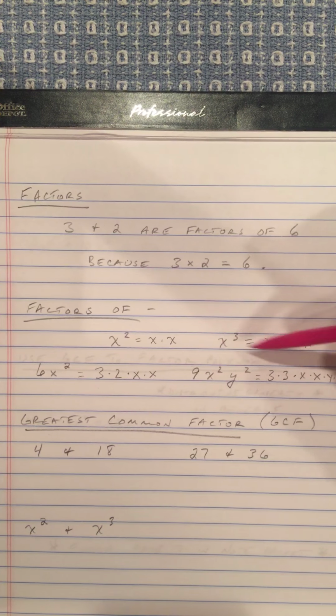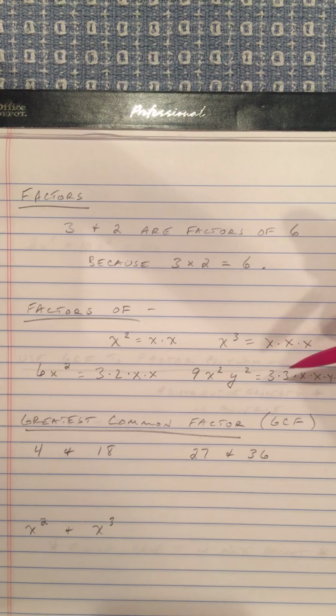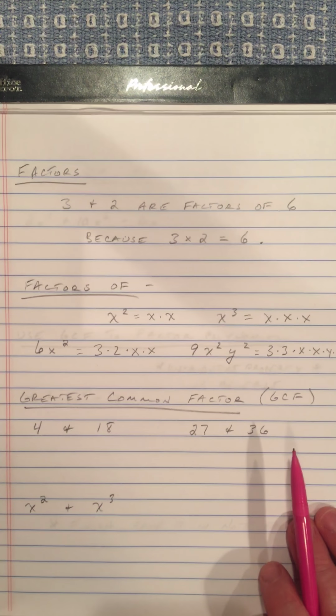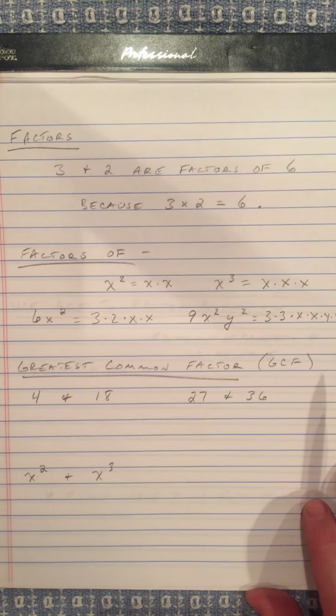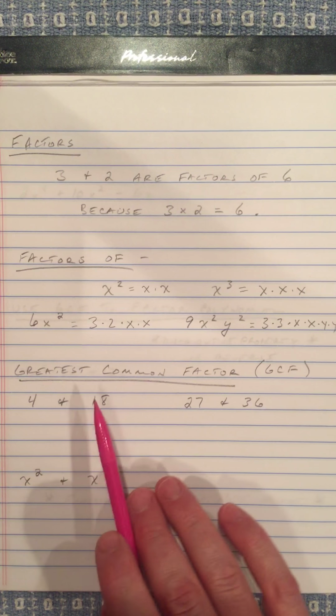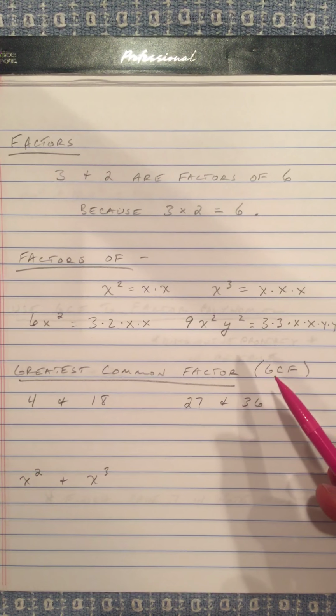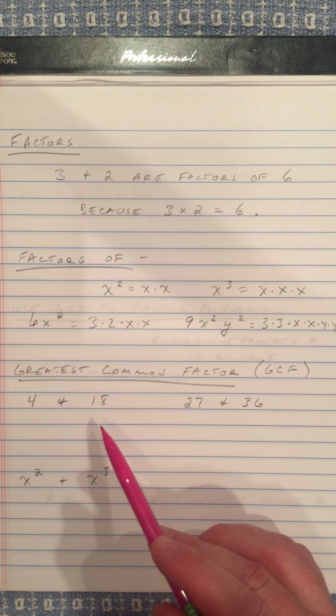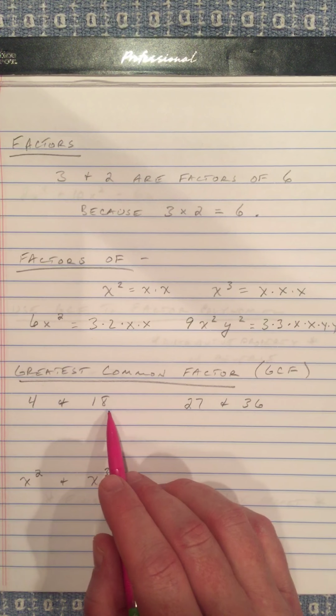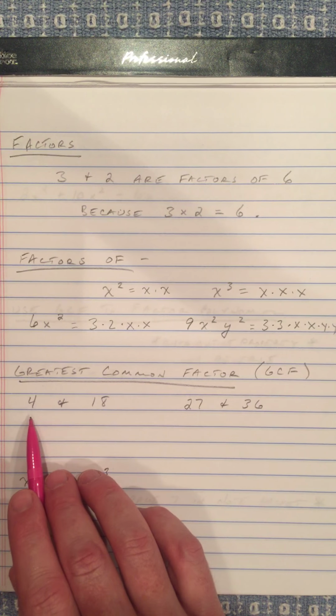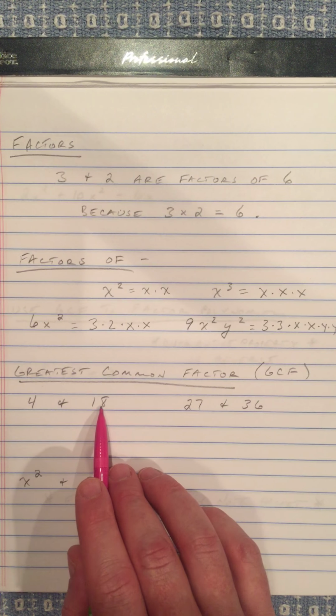Now, hopefully you have an okay idea on this. Let's look at what's called the greatest common factor. When we talk about greatest and common, we have to be able to compare things, so we're looking at two values. Again, it could be numbers. What's the greatest common factor between the number 4 and the number 18?